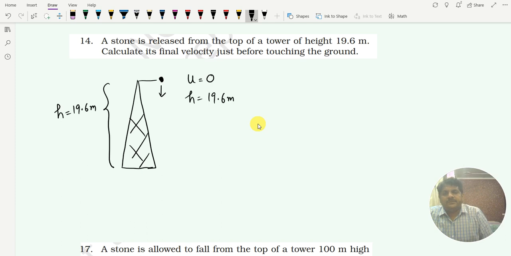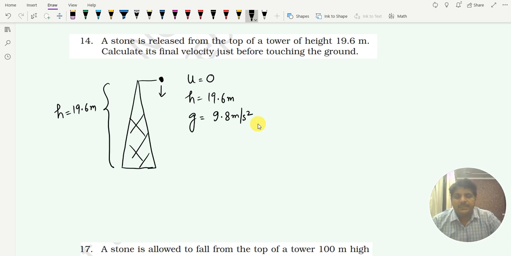Already I have said in the previous video also that if the question contains any multiple of 9.8, like 19.6, what is it? 19.6 is 9.8 into 2. So we have to take acceleration due to gravity as 9.8 meter per second square. Many children start solving by taking g as 10.